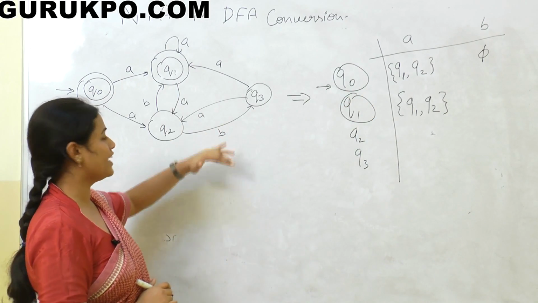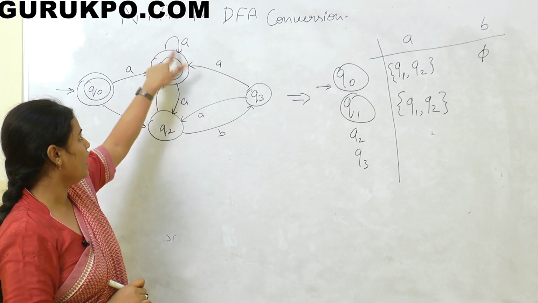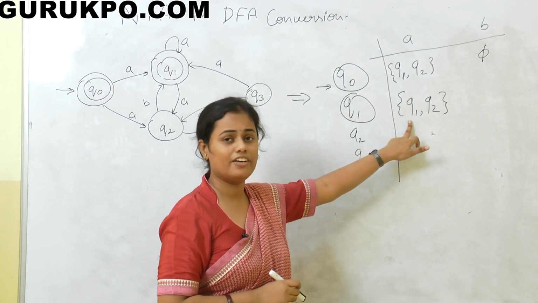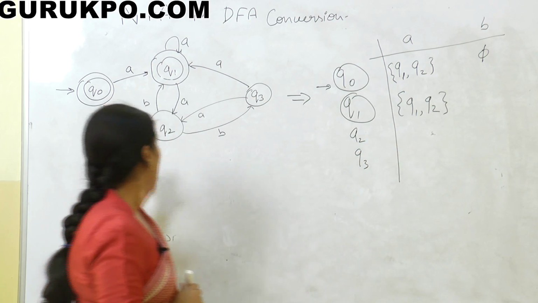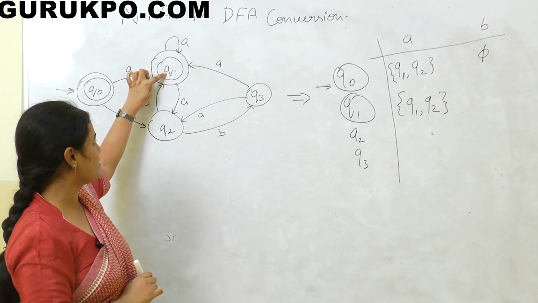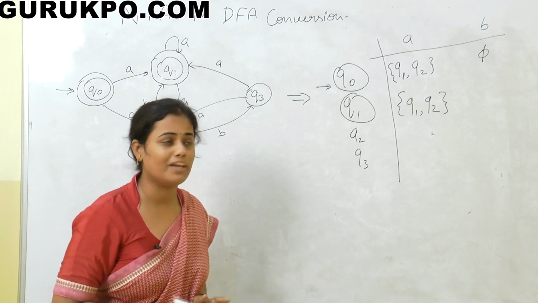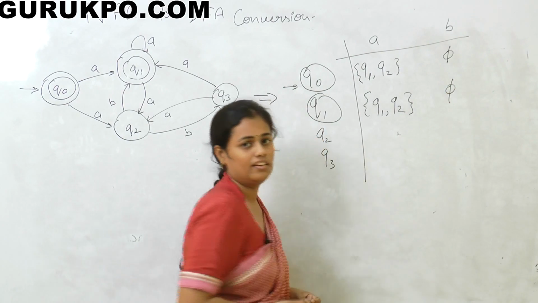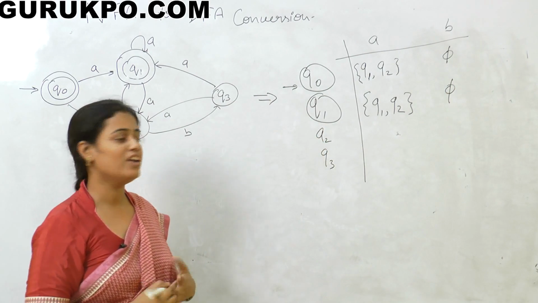For the second, the case is the same. I am giving A, then I am getting Q1 as well as Q2. At the same time, at state Q1, we are not applying the input B, so we will mention null here again. This is called phi or null.